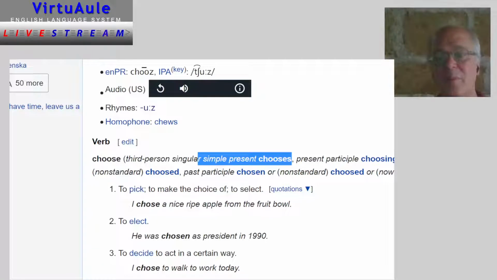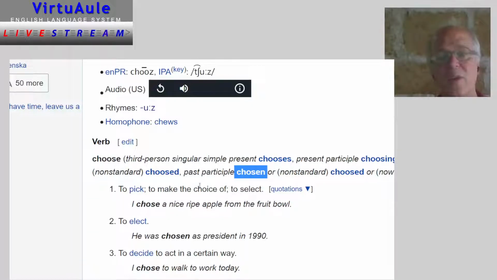For the simple past, chose, and then we have chosen. This is very curious, that you may sometimes find people say choose. It's non-standard. Non-standard English means that it's not really correct, but you hear it. And so this is the word choose.